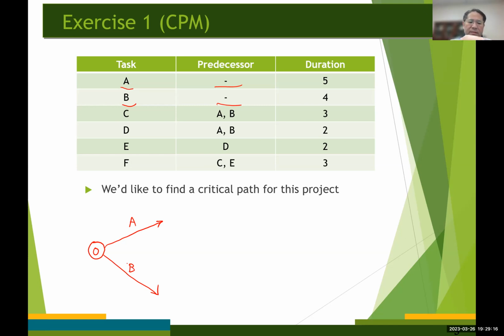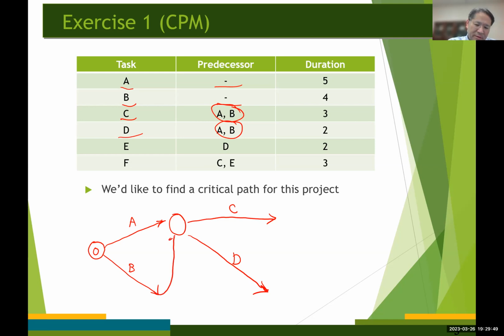And next, both activities, tasks C and D, have two predecessors, A and B. So if I have another event here, and then activity C, and let's say D is like this, then of course we can make a connection to here.